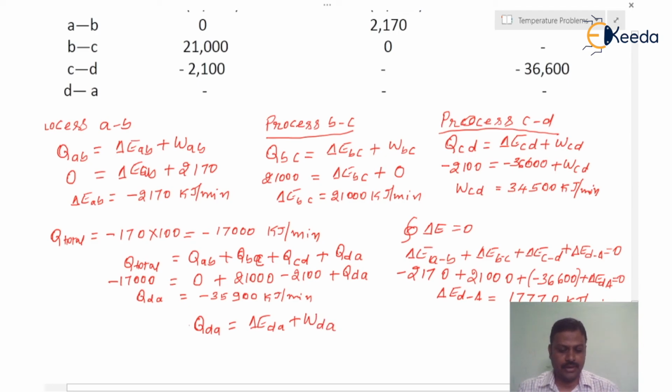So Q DA is minus 35,900, equal to delta E DA, which is 17,770, plus W DA. So W DA will be minus 53,670 kilojoules per minute.